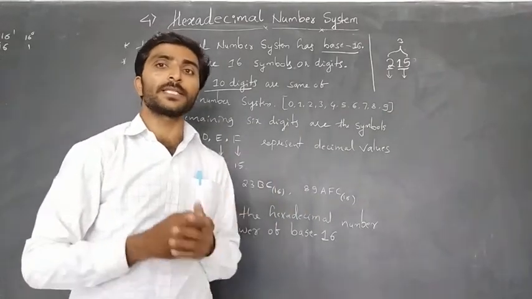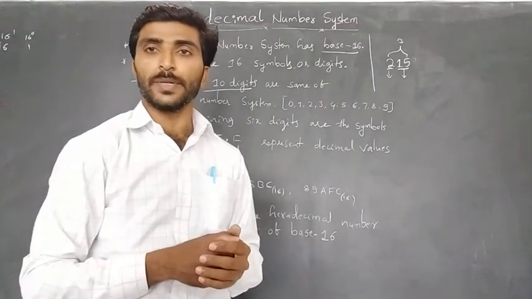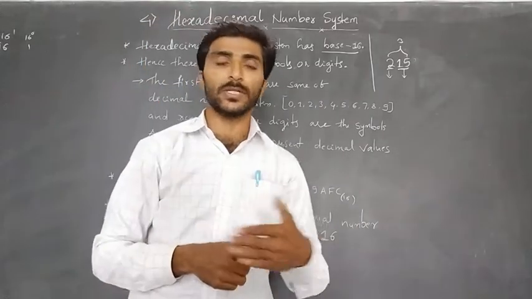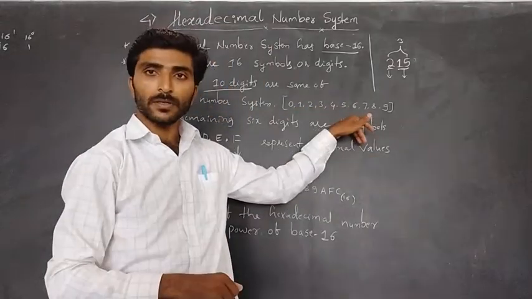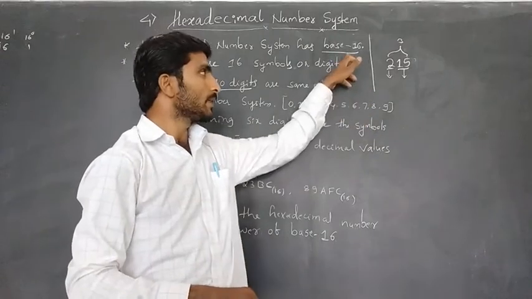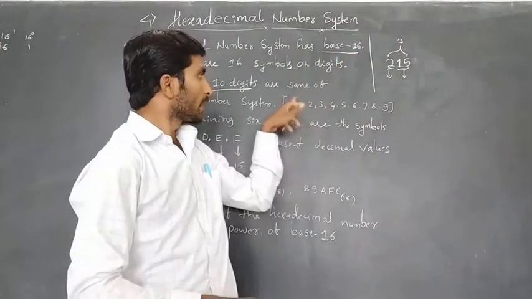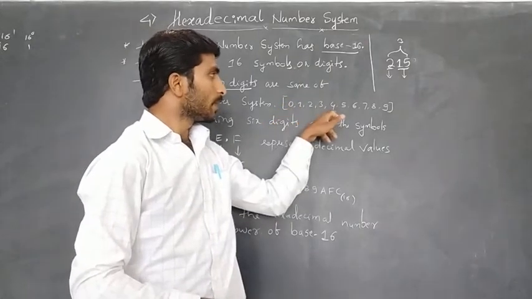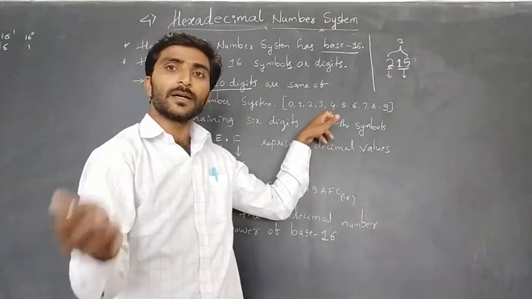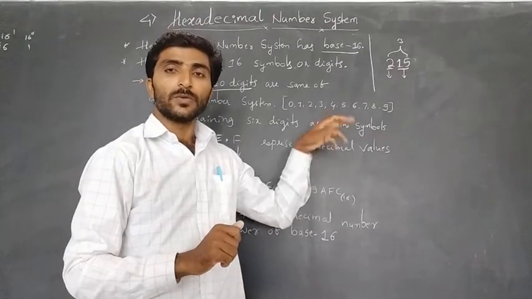And the remaining 6? Because the base is 16, there are 16 symbols available in this system, and the first 10 are digits, so the remaining are 6. What are those?